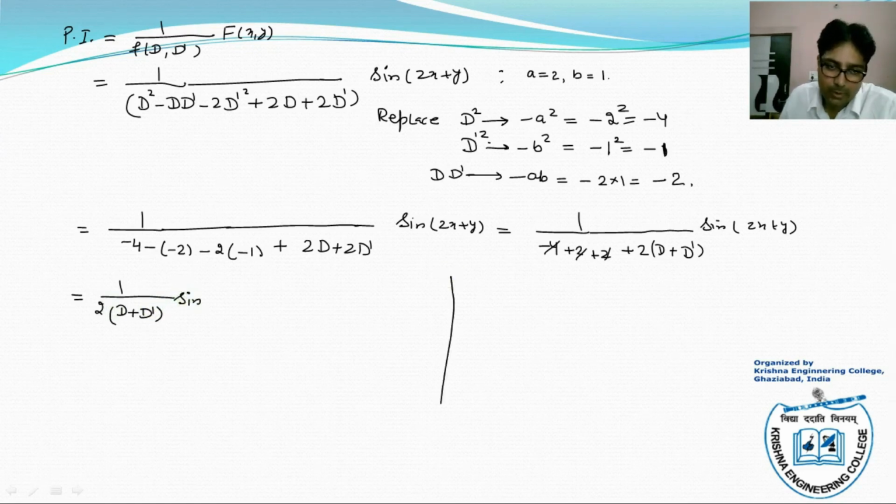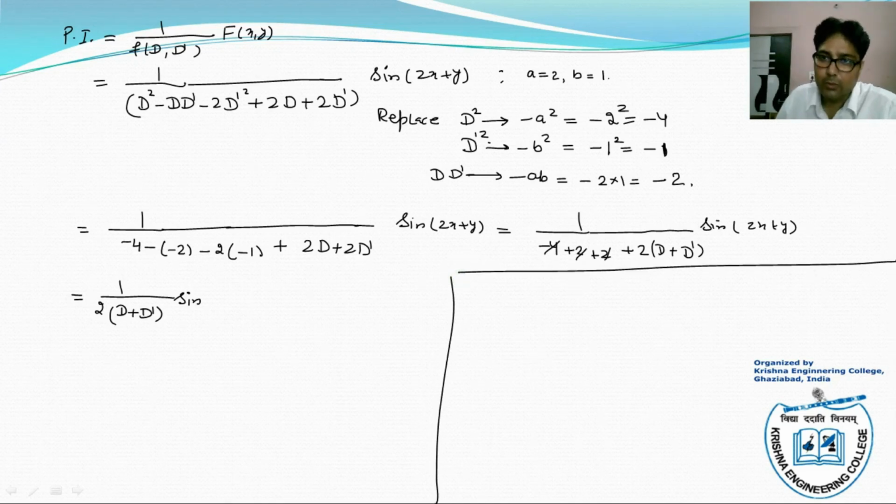Now we divide the slide in two parts for better use of the page. Again, in the non-homogeneous partial differential equation, the rule is applied on D squared, D' squared, and D'. So we multiply numerator and denominator by the suitable conjugate of this.